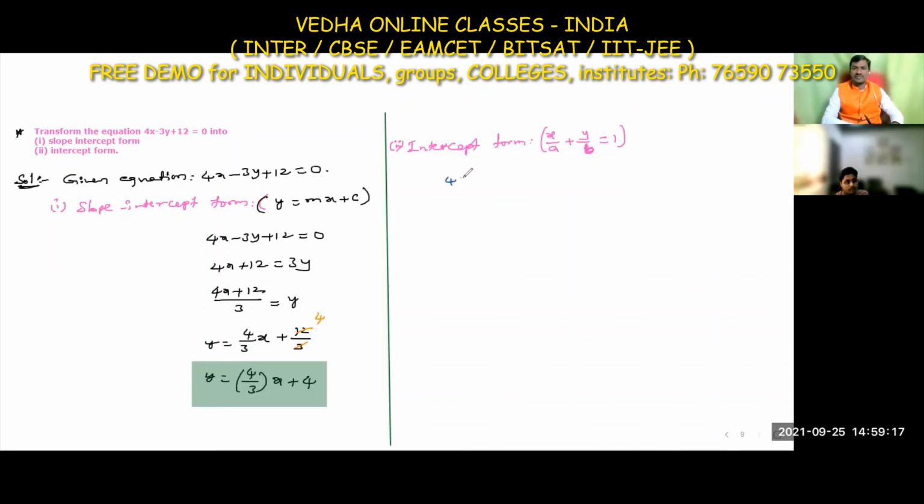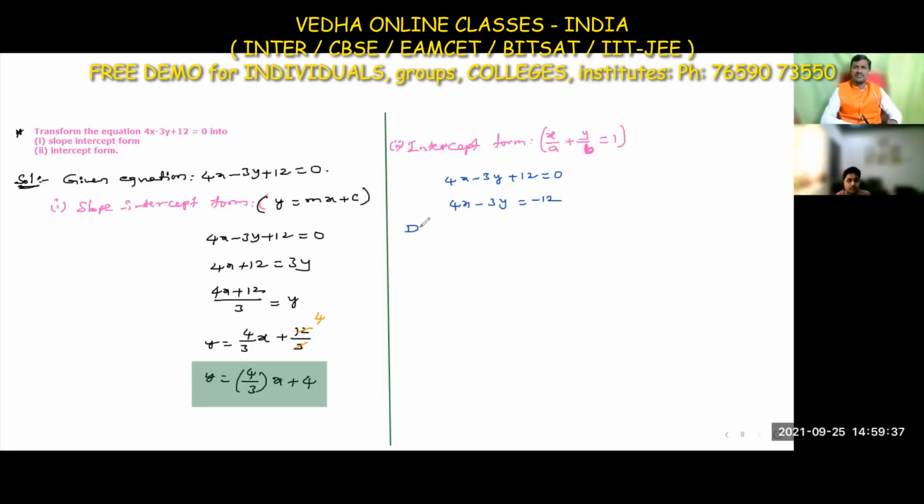So for that, first take 4x minus 3y plus 12 is equal to 0. Take this 12 to that side. 4x minus 3y is equal to minus 12. Whatever we get in the right side constant, divide by that same number.